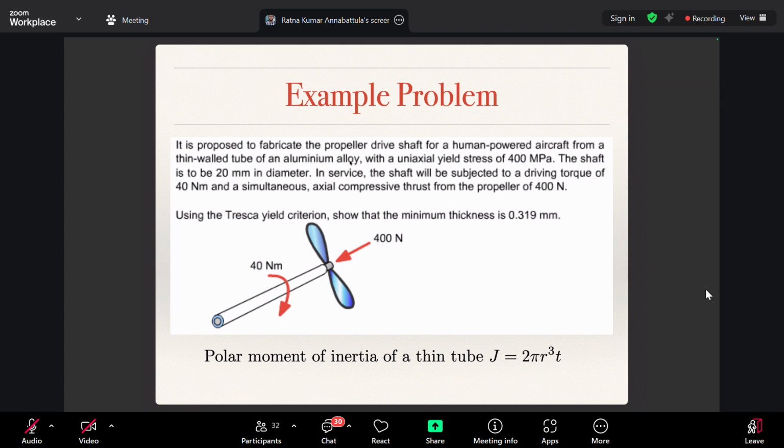Assume the factor of safety to be 1, and see what it will be. If the factor of safety is assumed to be 2, what should be the thickness, and so on. Is the question clear to all of you? Yes, sir.